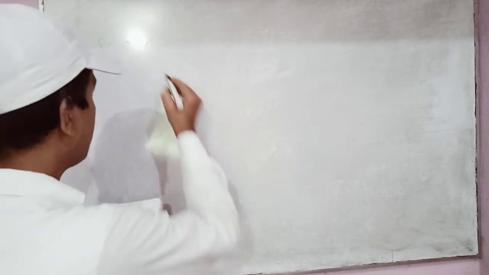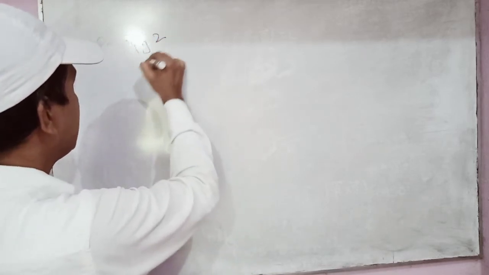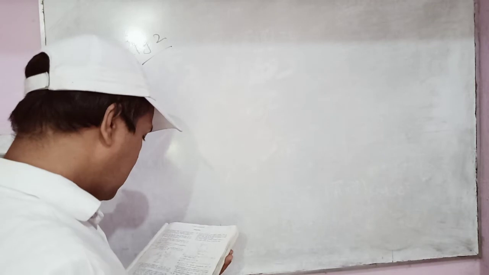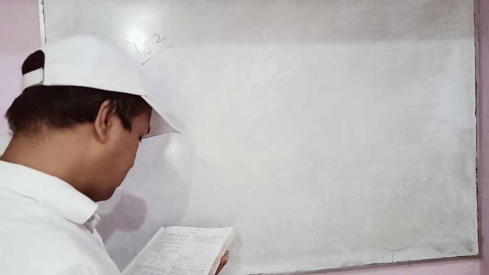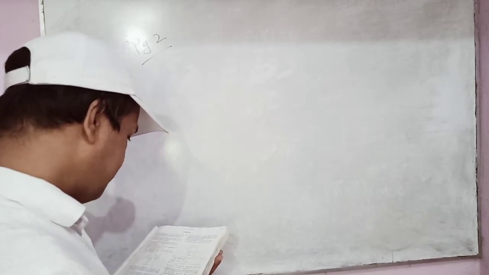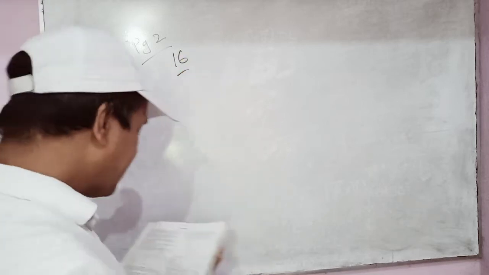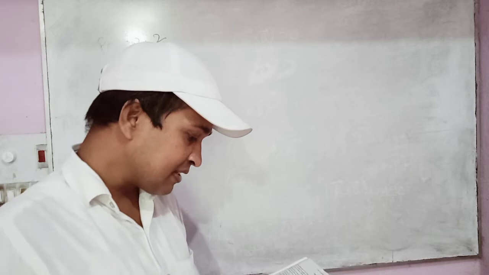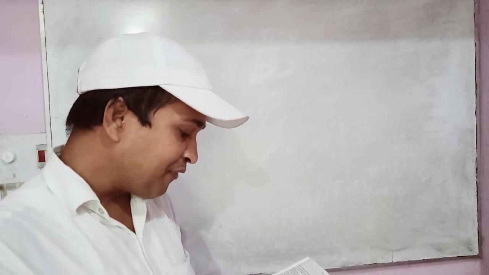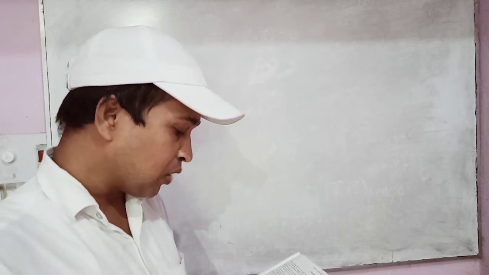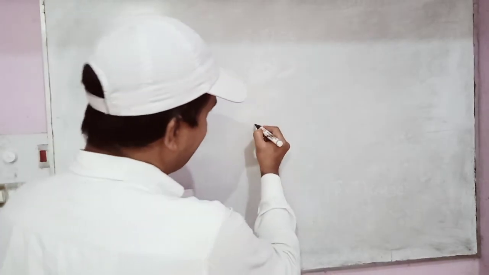This question is also from page number 29, chapter 2 of H C Verma book, and the question number is 16. What does the question say? The question says, if vector A, vector B, vector C are mutually perpendicular, let there be three vectors.